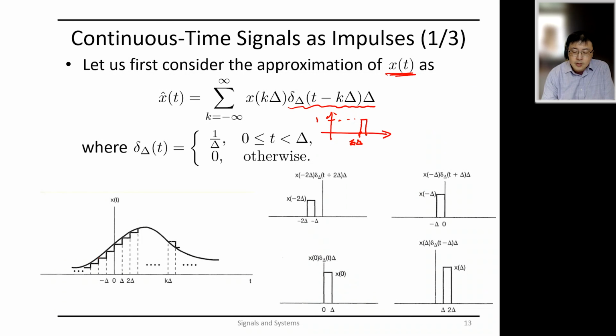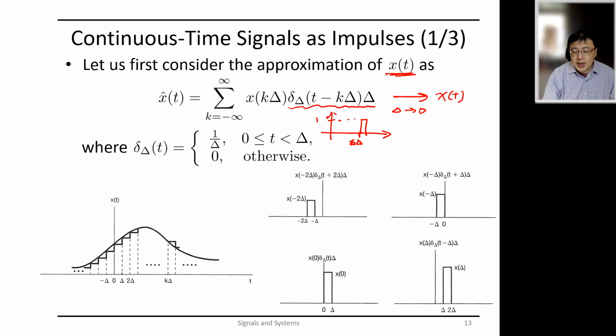All right. So if your continuous time signal x of t is sufficiently smooth, then we can expect that as this delta becomes smaller and smaller towards 0, then eventually x hat of t will converge to x of t as delta goes to 0.